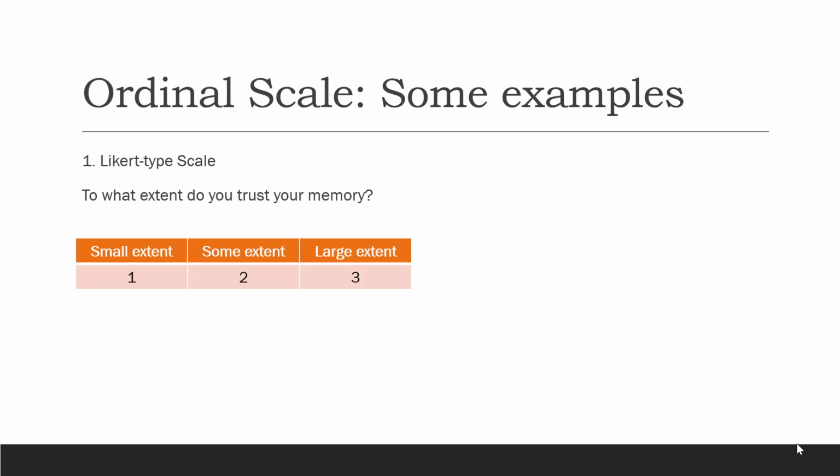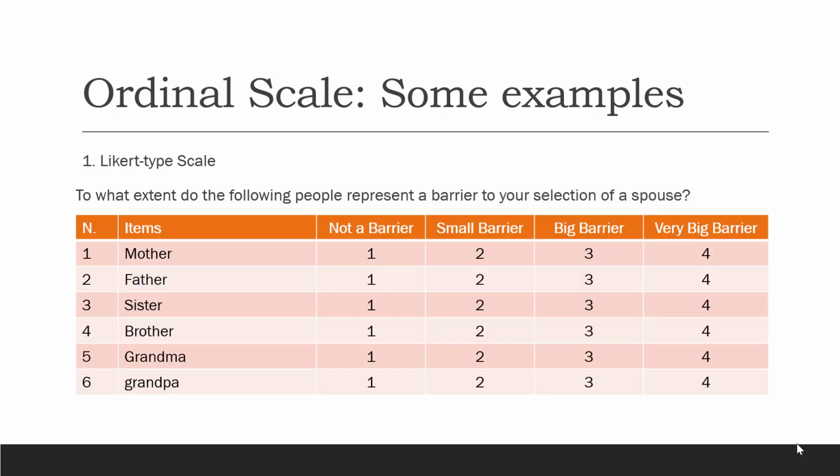So again, there is an implied concept of order, starting from small to large extent of trusting one's memory. Still, we are on Likert type scale.